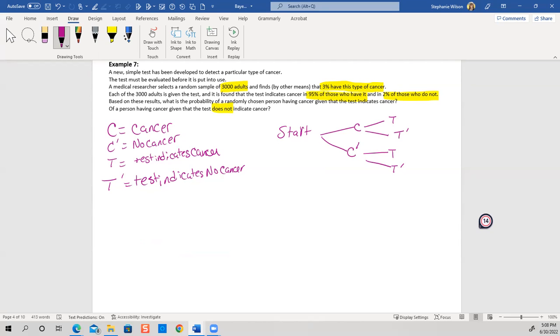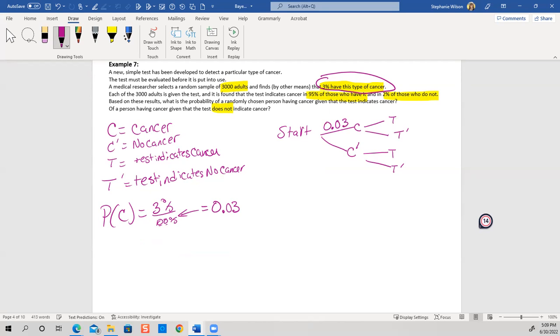So we're going to take the probability of C, of cancer. If you notice, they said 3% have this type, so we can't write it as 3%. We divide by 100 to undo the percent, or you can move the decimal 2 places to the left because there are 2 zeros here. We get 0.03, so that goes here.